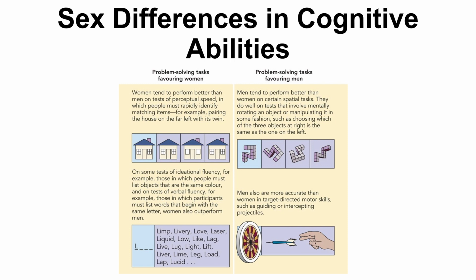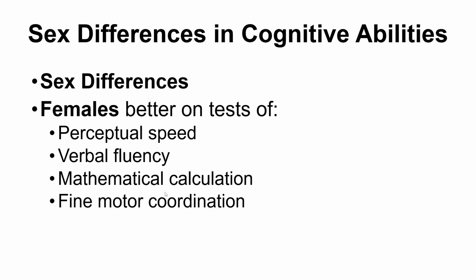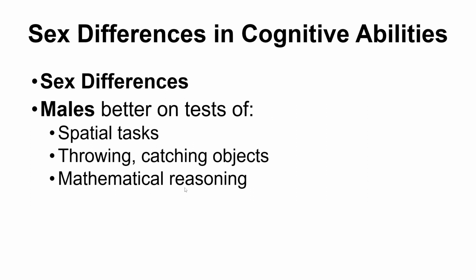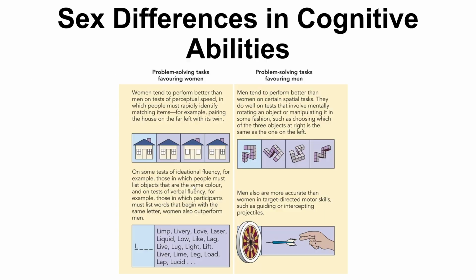So if we're on sex differences, one of the big studies looks at the stereotype that females perform worse on math tests than males do. And this isn't saying yay or nay for that task. It's very broad, because if we look back here, mathematical calculations favors females, whereas mathematical reasoning favors males. So it depends on what type of math.